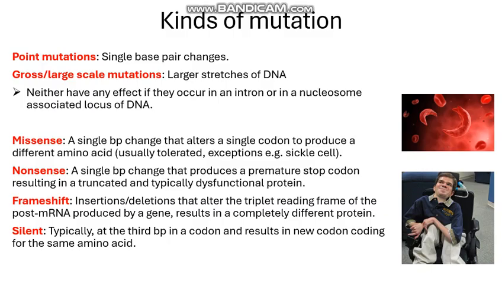A nonsense mutation is where a single base pair change can produce a premature stop codon in a gene, resulting in the gene product being truncated and typically dysfunctional, as is the case with Duchenne's muscular dystrophy shown on the bottom right. You can have a frameshift mutation, where an insertion or deletion can alter the triplet reading frame of the mRNA produced by a gene, resulting in a completely different protein being produced.